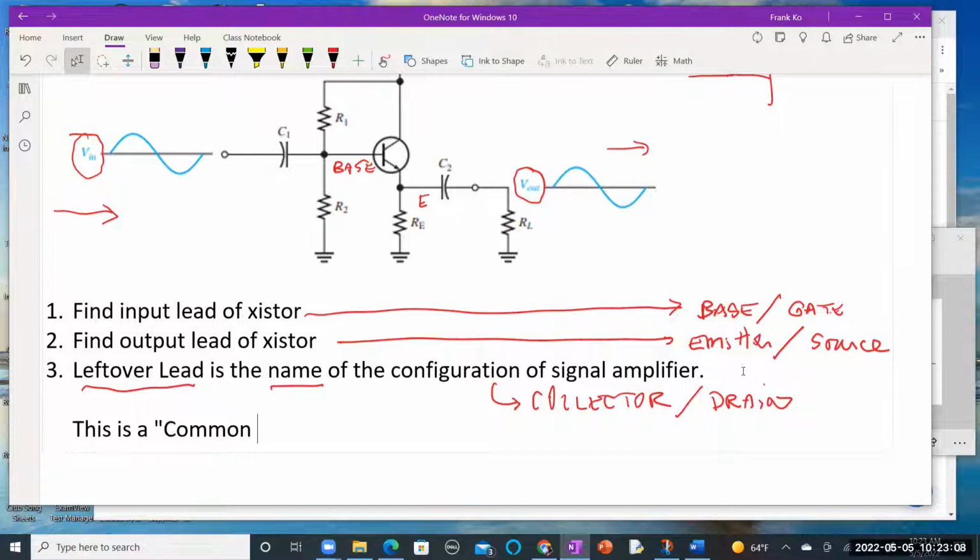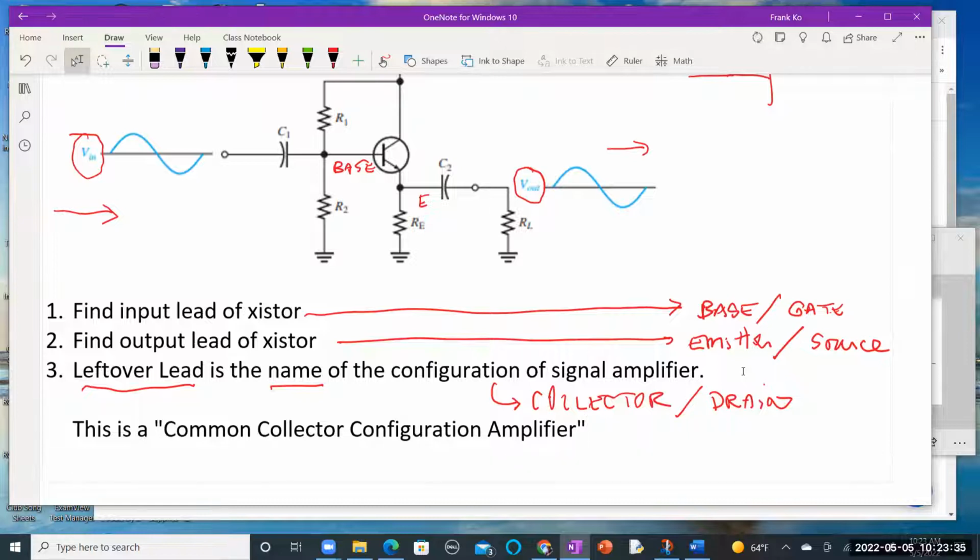The leftover lead is the name. Common collector? Exactly. The leftover lead is the name of the configuration of the amplifier. Common collector configuration amplifier.